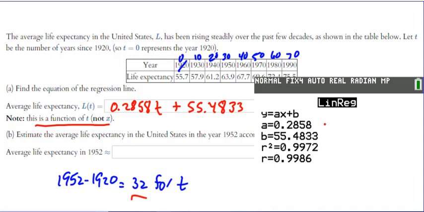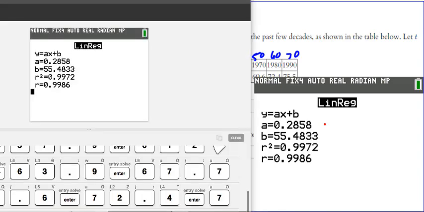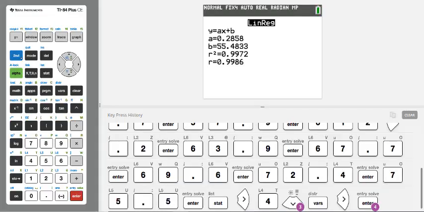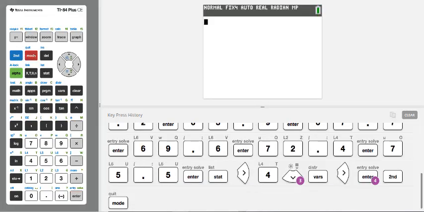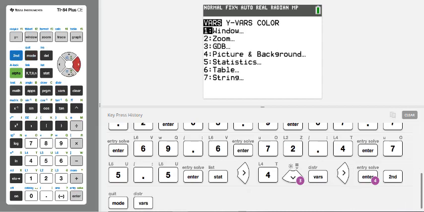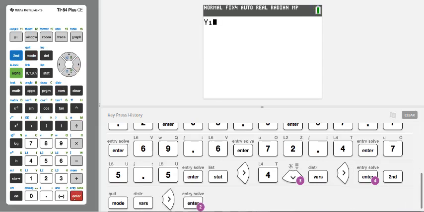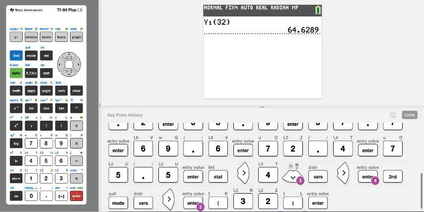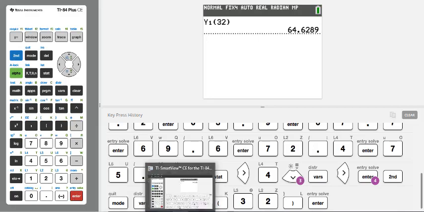So let's do this again. Let's go second mode. Let's go VARS, arrow, enter, enter, and let's go 32, and then hit enter, and it would be 64.6289.